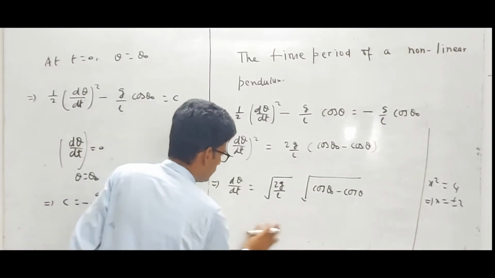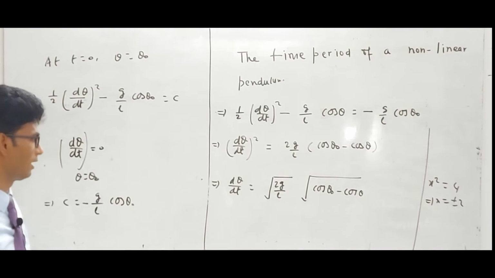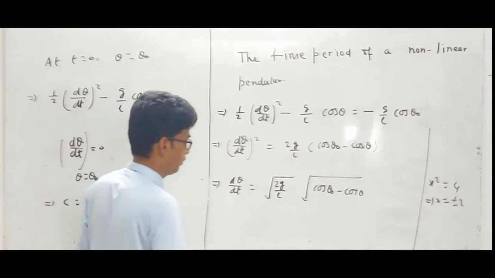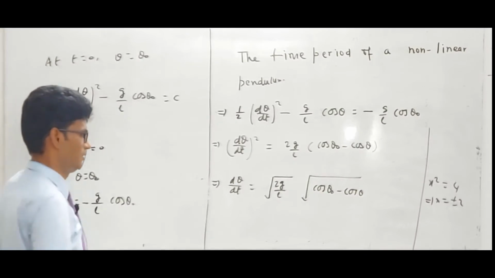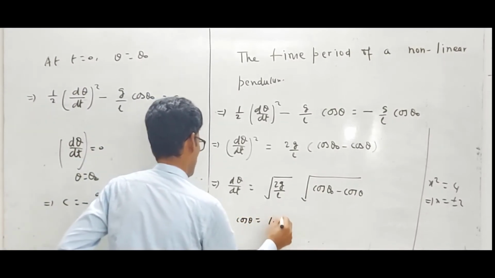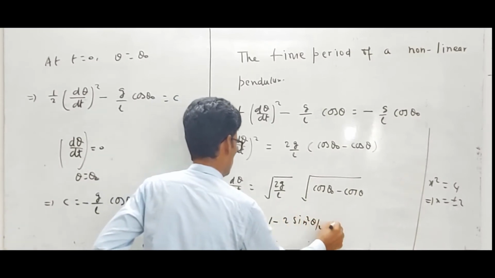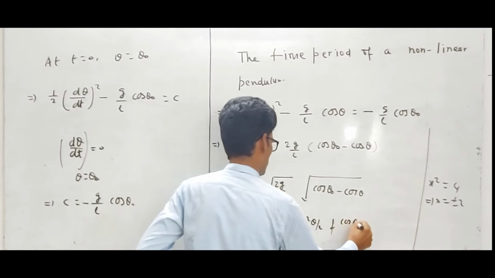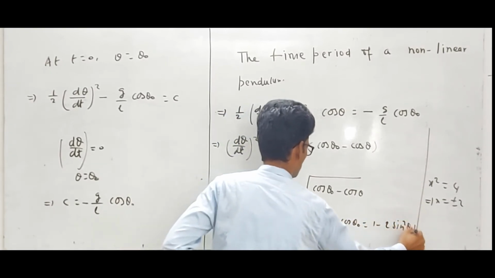So now we are going to use an identity, a well-known formula, a trigonometric identity. So here cos theta is equal to 1 minus twice sin square theta by 2, and cos theta naught is equal to 1 minus twice sin square theta naught by 2.